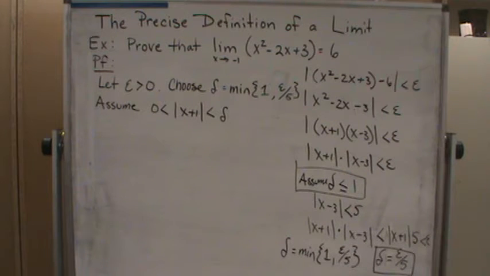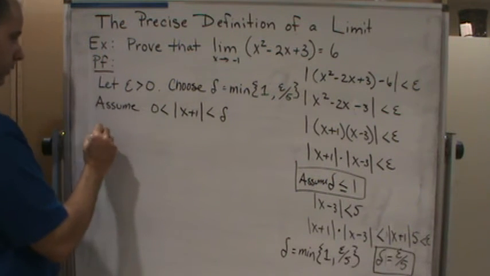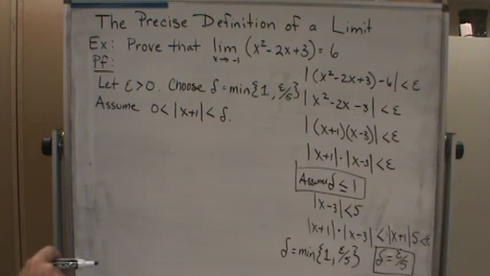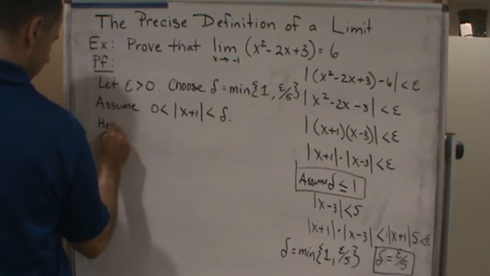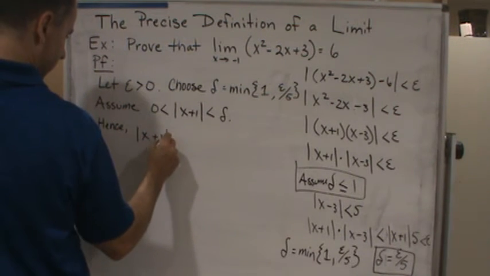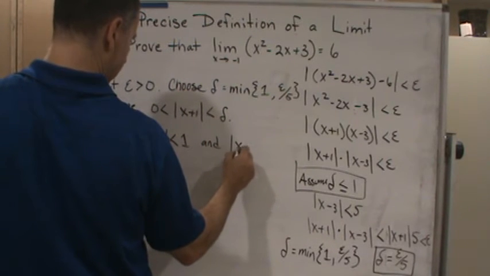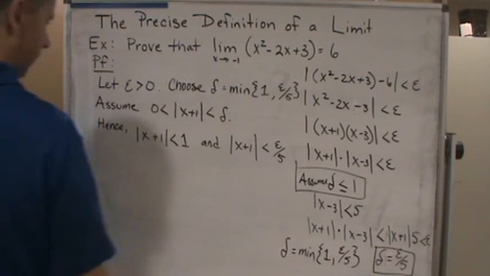And so from here, we see that x plus 1, okay, so from, how do I want to say this? Hence, the absolute value of x plus 1 is less than 1, and the absolute value of x plus 1 is less than epsilon over 5.